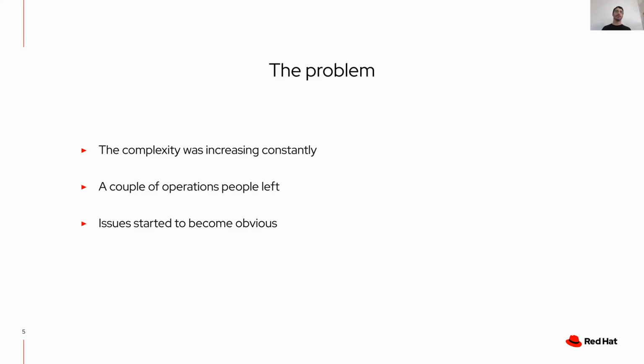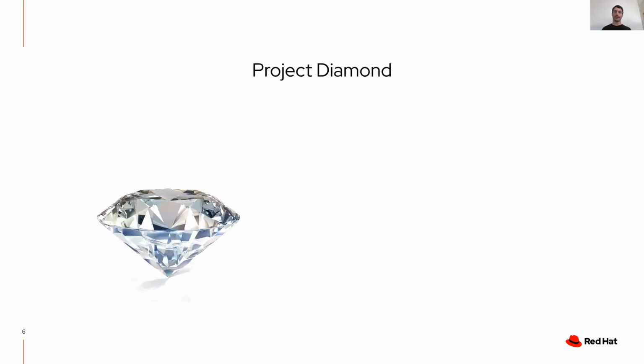So the solution, as happens every time with management, was to create a project. They called it Project Diamond. It would solve all issues, at least in the IT department. The goals were very simple. The first one was to reduce complexity, since they had an increased amount of complexity.